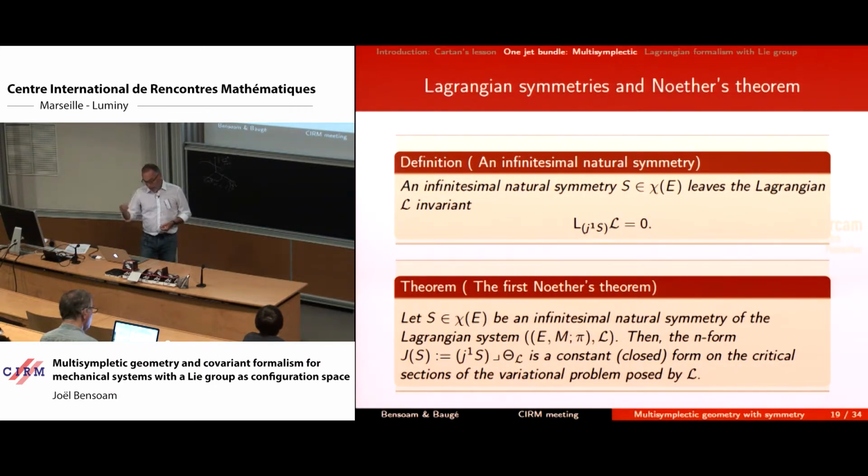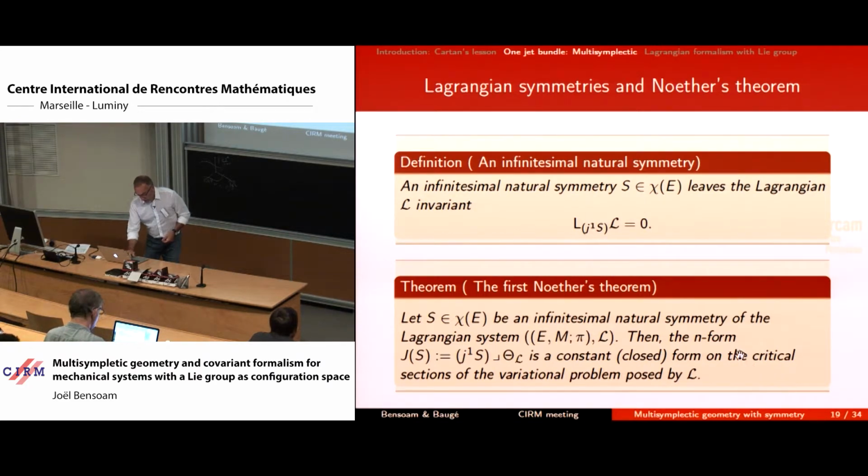So the important thing now is how we can apply the Noether theorems, saying that if you have a natural symmetry, something that leaves the Lagrangian invariant, what is the moment map, the thing that will be constant on the critical sections.